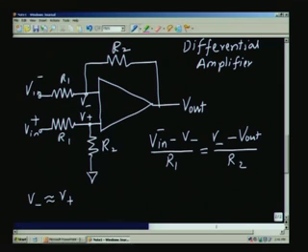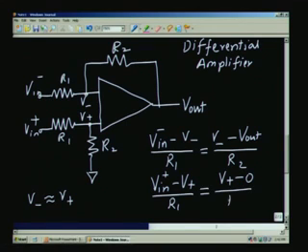So, this is one equation for this, and now you can do the same thing here, because there is no current through this, whatever current comes here must go to the ground, and therefore, you can write the other expression as V in plus minus V plus divided by R1 is equal to V plus minus the ground, which is 0, divided by R2.